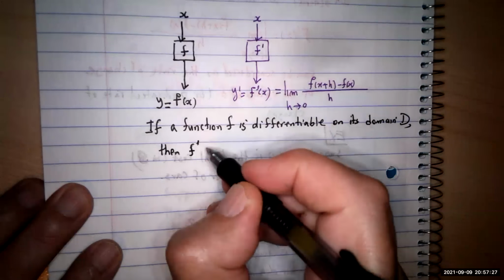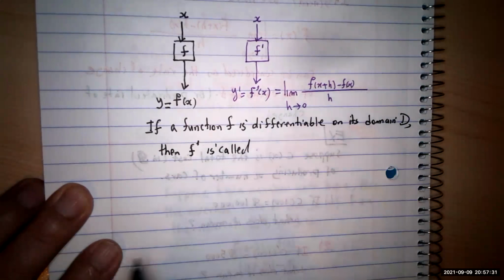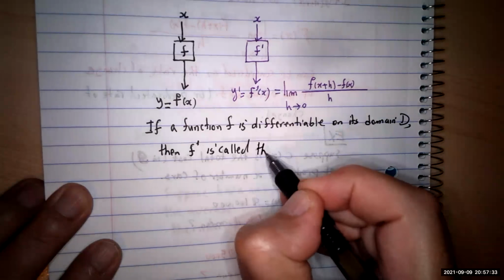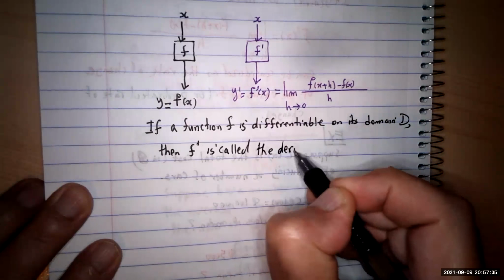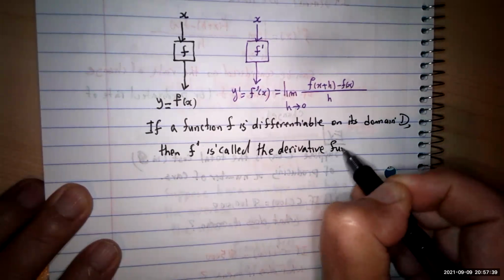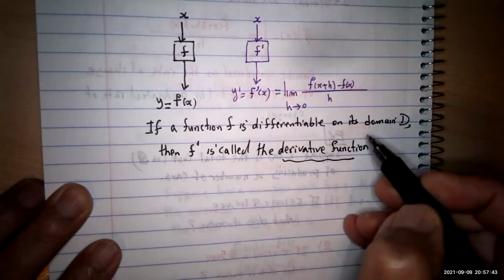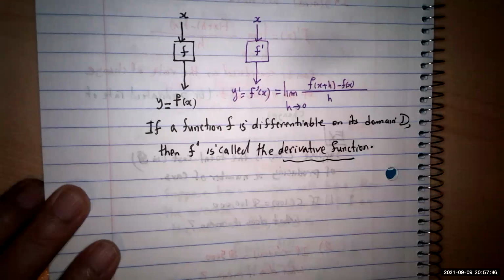F prime is called the derivative function, the derivative function of f, if you like. Okay, that's going to be the one.